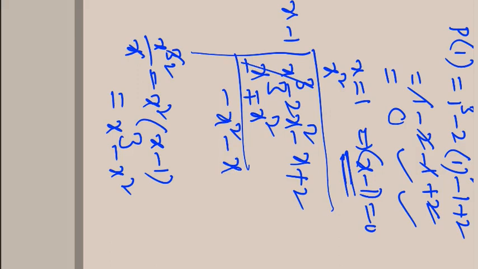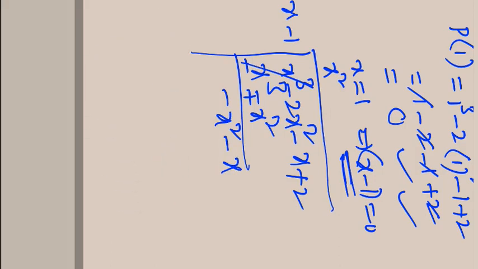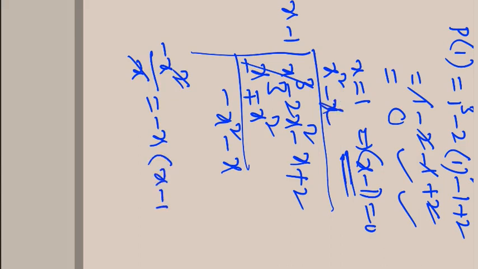After bringing down minus x, again the same procedure: minus x square divided by x gives minus x. So minus x, substitute here, and with this minus x again multiply x minus 1. That is minus x square plus x. Write these two here, minus x square plus x. Now we have to subtract it.